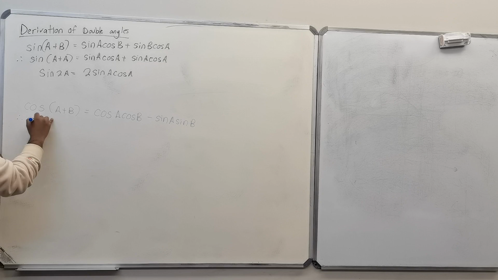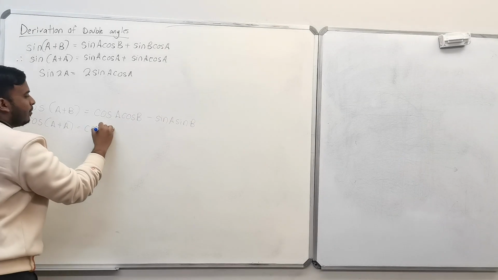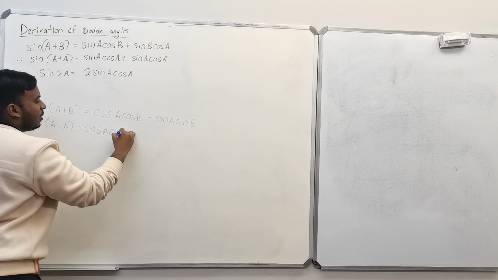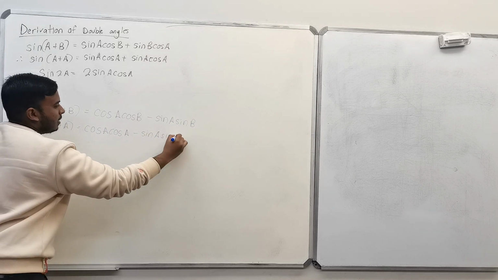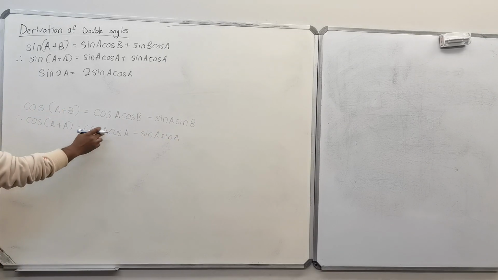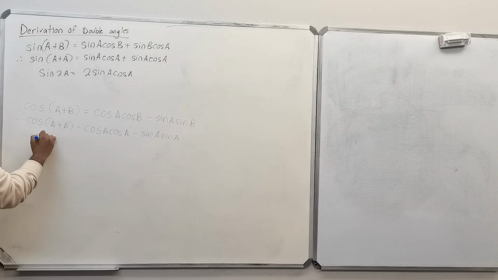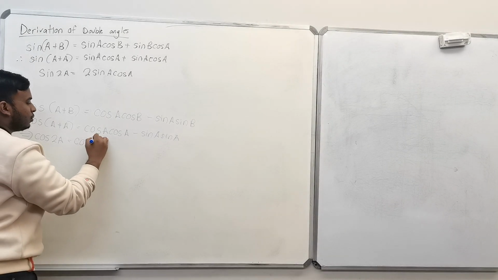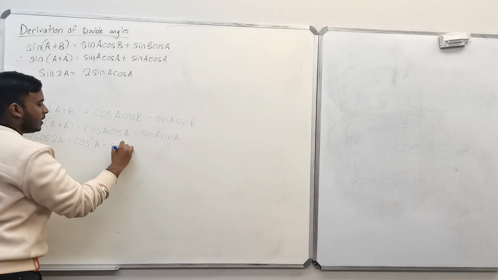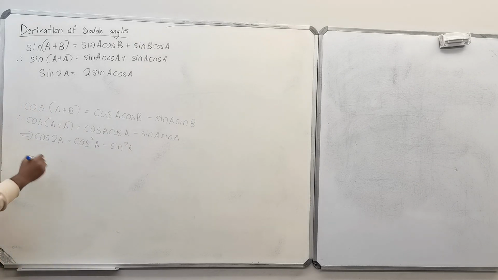Now, if you had cos of A plus A, this would now become cos A cos A minus sine A sine A. And this here, cos A times cos A is what? Cos squared A. So, cos of 2A is equal to cos squared A minus sine squared A. This is your double angle formula that I gave you, right?